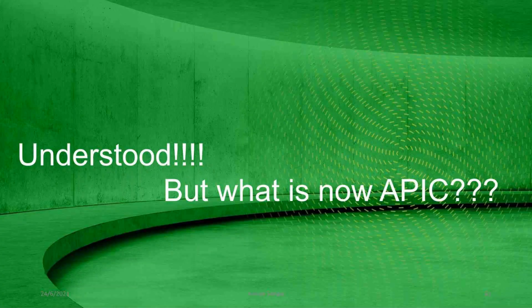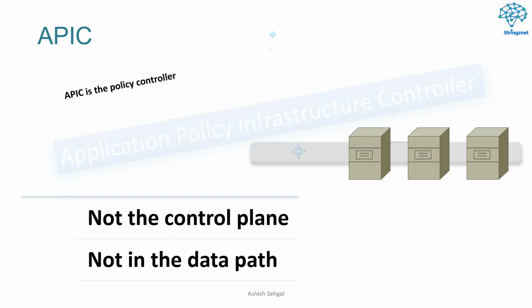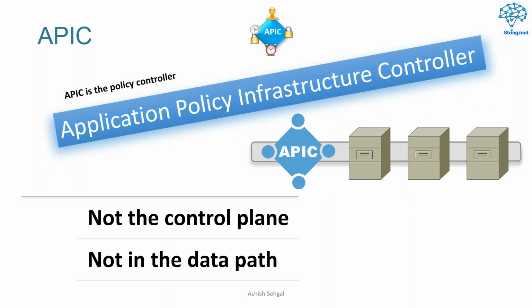Now, it is very important to go into our APIC controllers and understand what exactly an APIC controller is. I repeat it once again: APIC controllers are nothing but servers. They are the policy infrastructure servers.